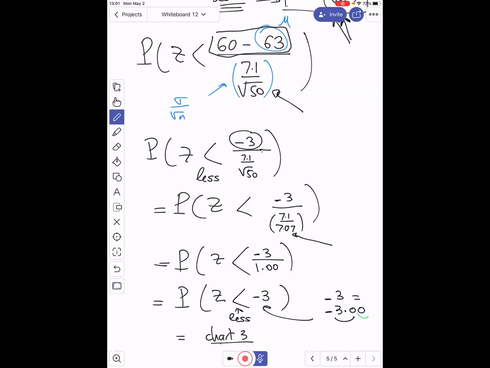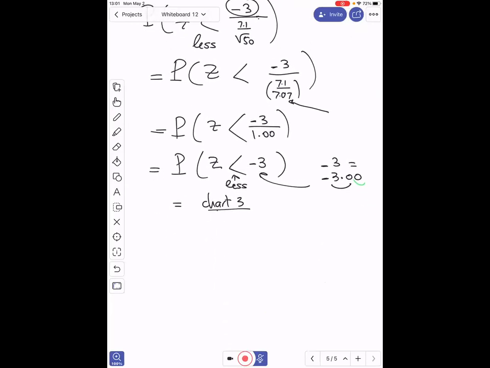Do you see the word normally distributed, or normal distribution, or the word normal? There's no word normal here, which means that we have a different distribution.